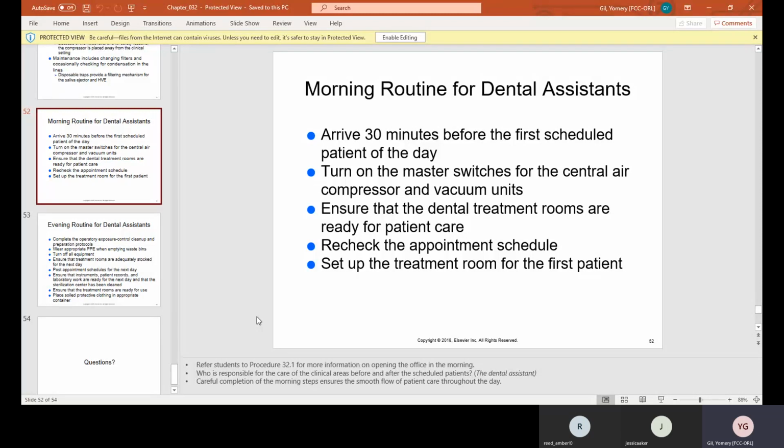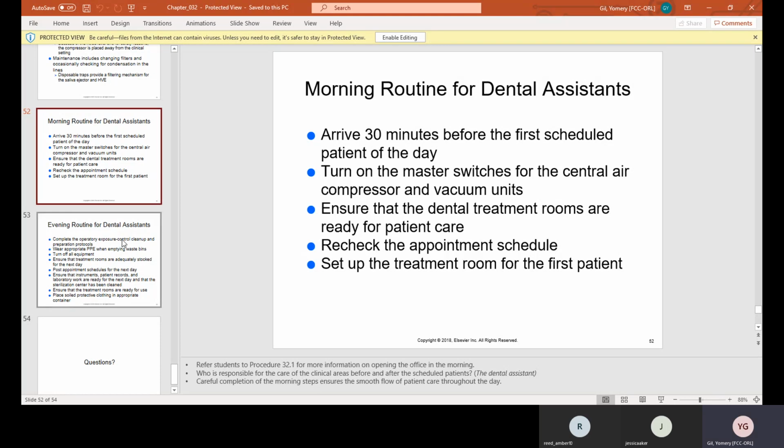If it's a very production driven office, production means to sell treatment to the patient. They're going to say, well, today the goal is $1,000 or whatever it is. That'll be what the morning huddle is about. If there was anything or a meeting at the end of the day, it'll be said in the morning huddle.